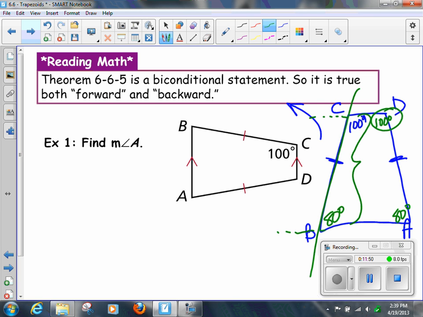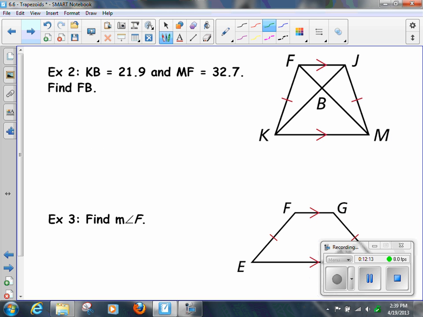What do you know about same side interior angles? They're not congruent. They're equal to 180. You subtract these two angles. So you take 180, take away 100, we get 80, boom. Okay? Base angles are congruent, so my two bottom bases will match. Okay? Let's look at another one.